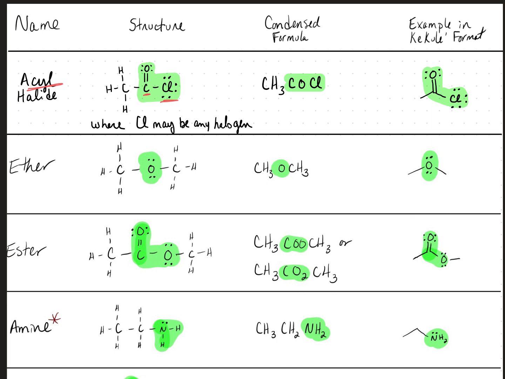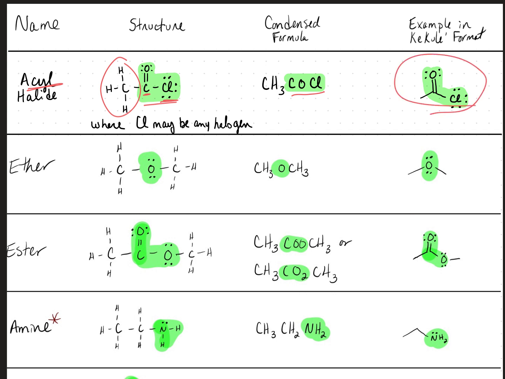They're going to have to be on the end because carbon only bonds 4 times. It's got 3 bonds that are occupied by the C double O bond, as well as the Cl. So it has to be sort of on the end of a chain, right? So we would see this as an acyl halide, and this would just be COCl. Notice all the lone pairs, we show them all.